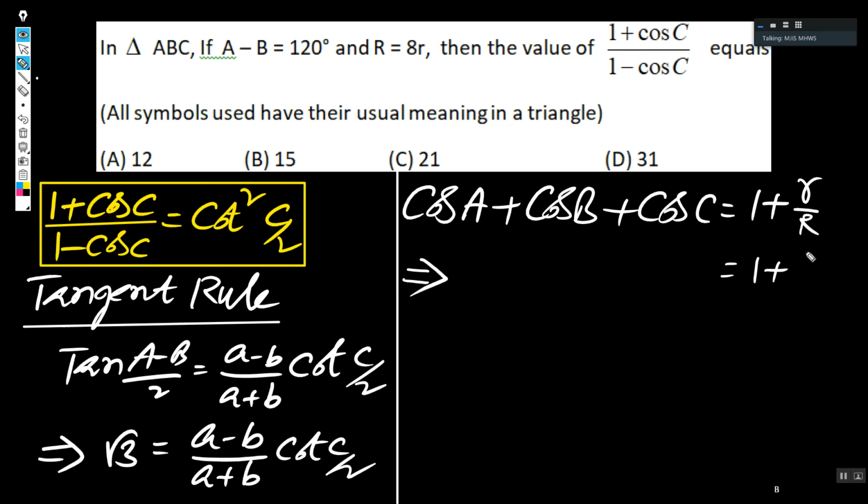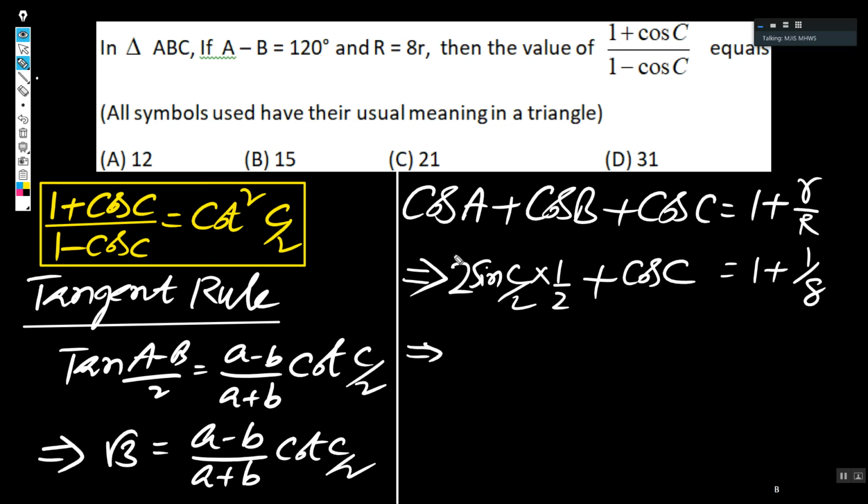If you apply the factorization formula, cos A plus cos B equals 2 cos((A plus B)/2) cos((A minus B)/2), that is 2 sin(C/2) times cos of (A minus B)/2. Cos of (A minus B)/2 is cos 60, which is 1 by 2, plus cos C. Now this 2 is getting cancelled.